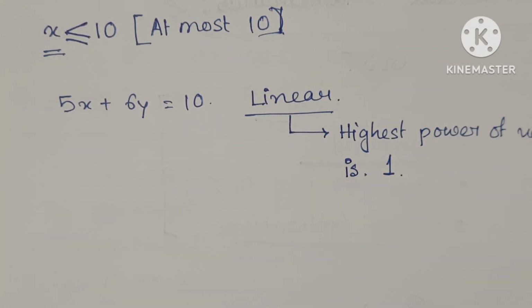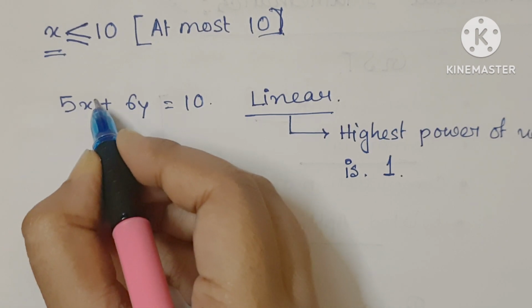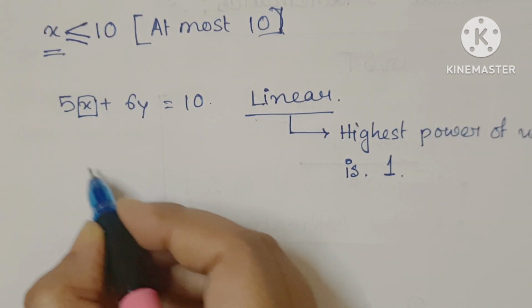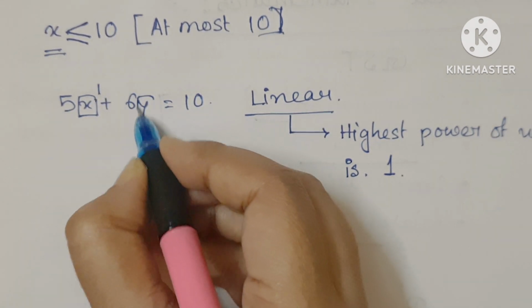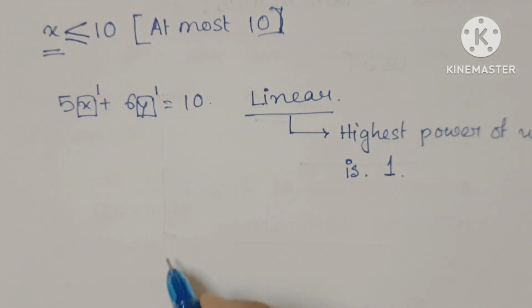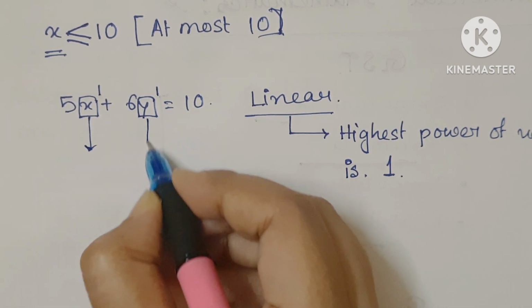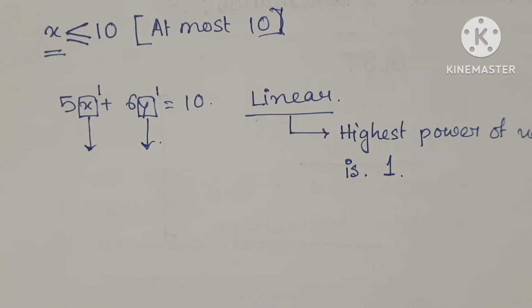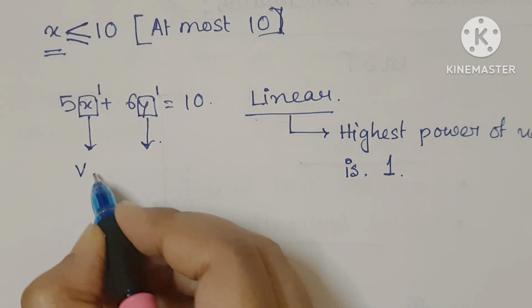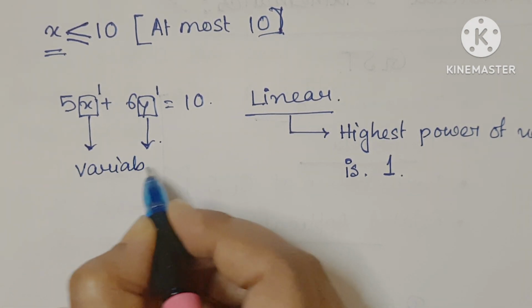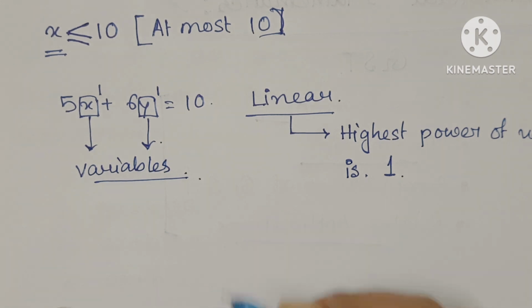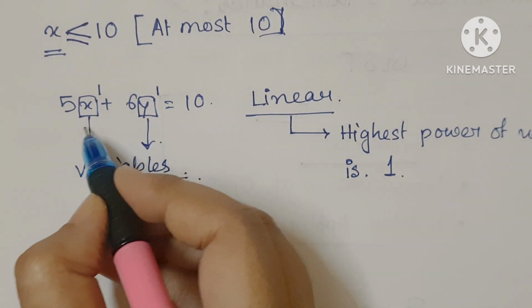Here you can see the highest power of x is 1 and the highest power of y is 1, and obviously it is a linear equation, but there are two variables, x and y, right? Clear?